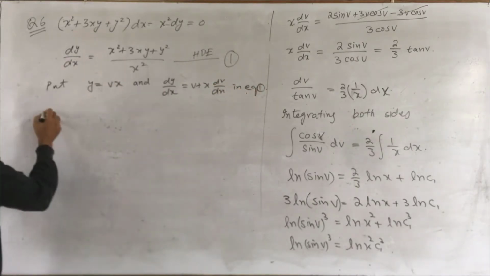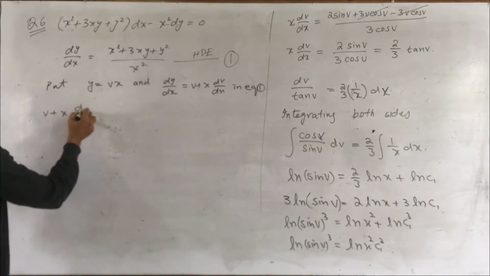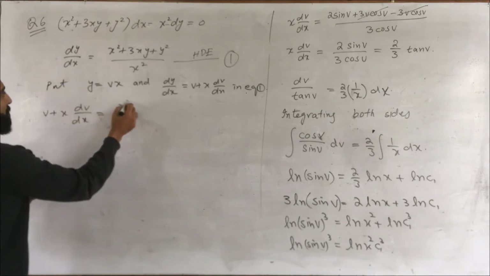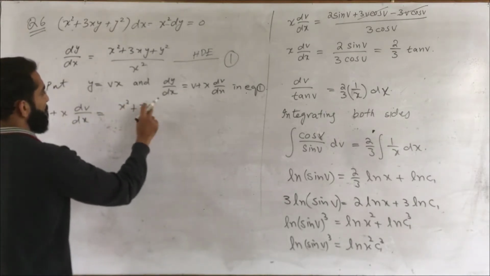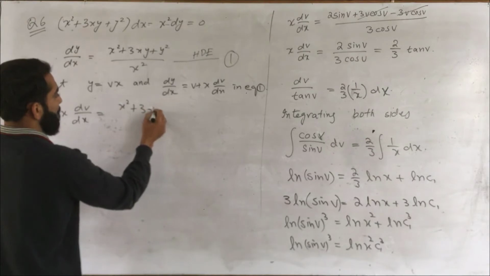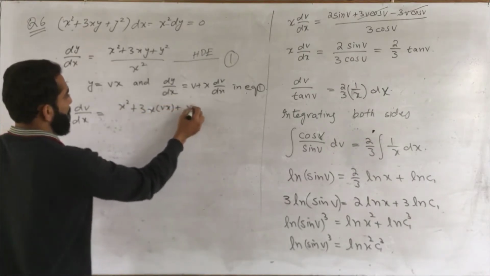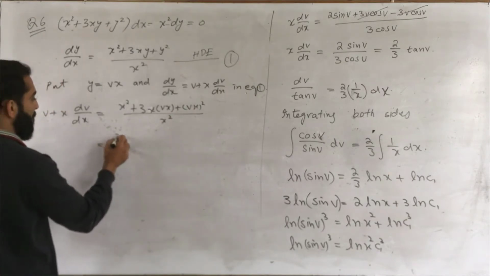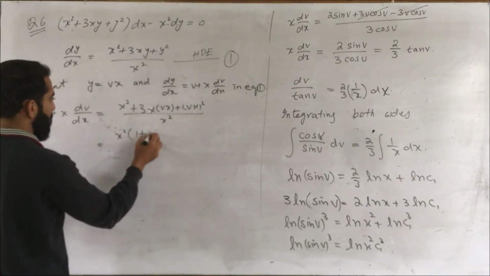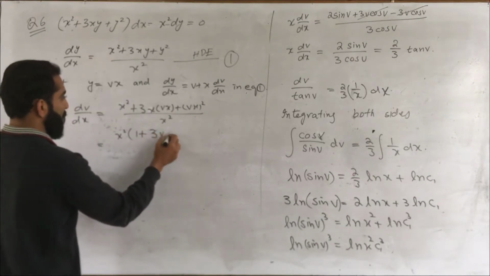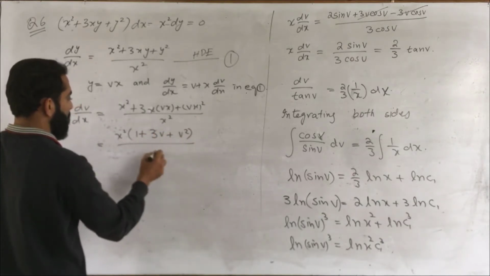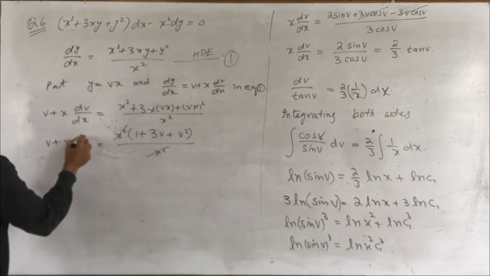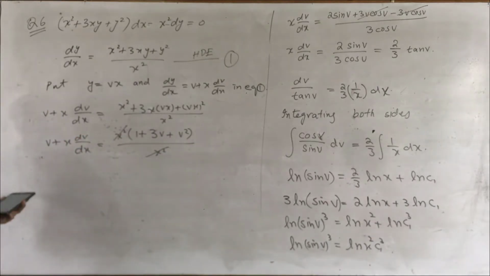So we got v plus x dv over dx in place of dy over dx, and x square plus 3x into vx plus vx whole square divided by x square. If we take common x square from the upper hand side, we got 1 plus 3v plus v square divided by x square, and it cancels out, v plus x dv over dx.